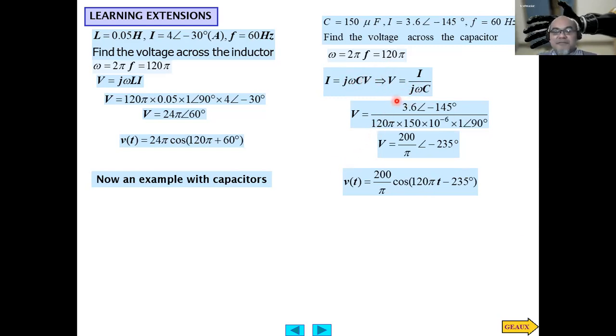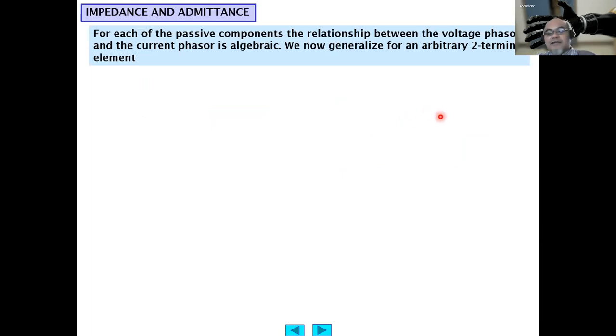Okay, so this is from the previous slide. Based on that, we are now going to define new electrical parameters for AC state analysis when we have inductors and capacitance. In DC, we only know about resistance, and its inverse is called conductance.